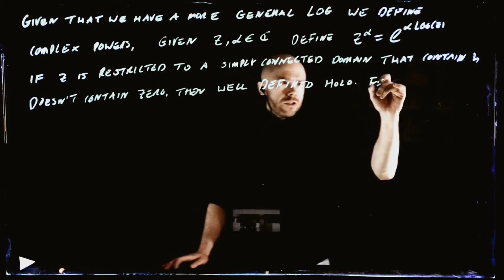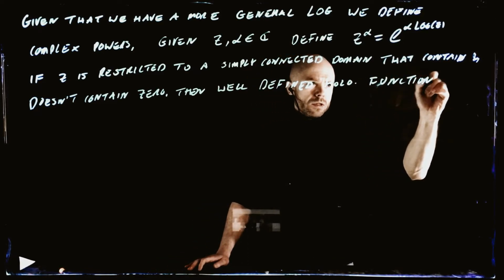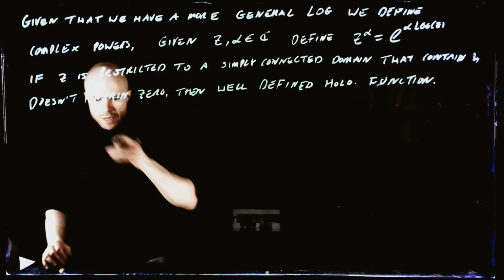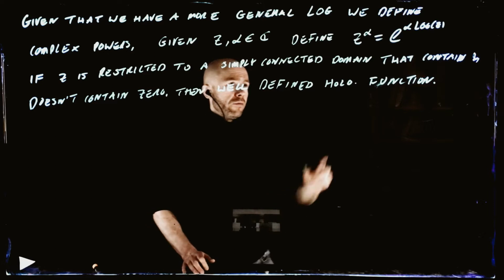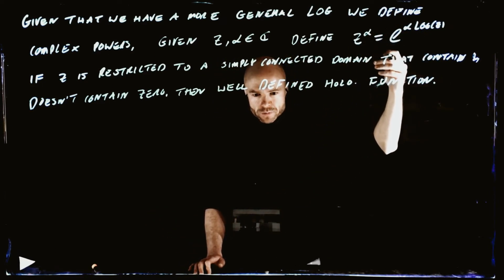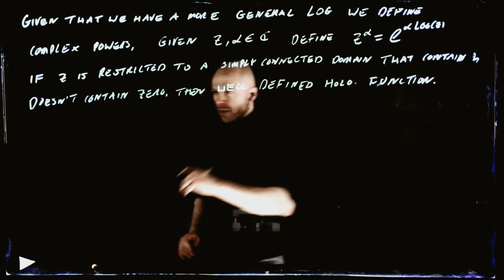And let's just make sure that we believe that this is a reasonable definition. So if z and alpha are both real, then this gives us exactly powers as we know them on the real numbers, right? Nothing surprising here.